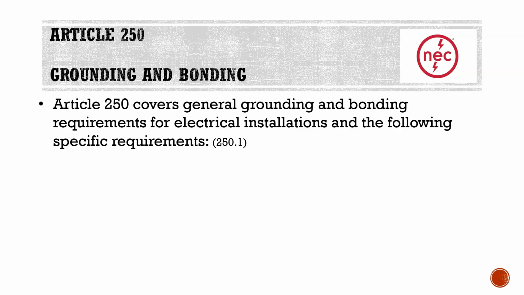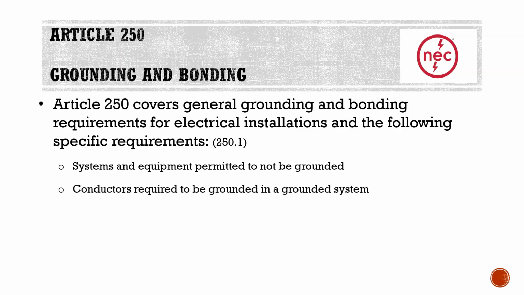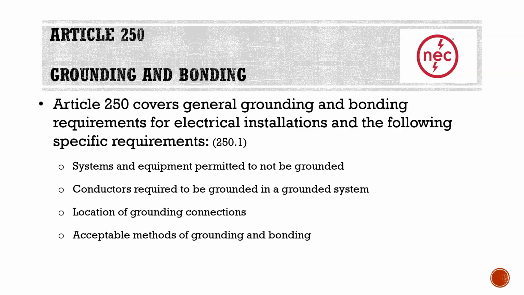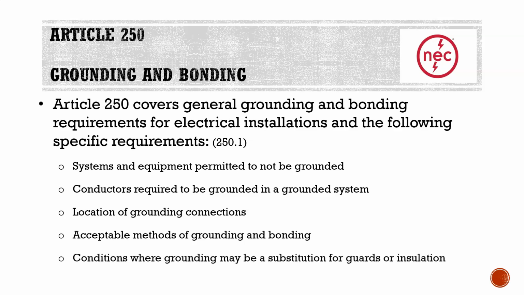So in other words, we have general requirements for electrical installations, and Article 250 also includes a couple specific requirements, which are the following: systems and equipment permitted to not be grounded, conductors required to be grounded in a grounded system, location of grounding connections, and acceptable methods of grounding and bonding, as well as conditions where grounding may be a substitution for guards or insulation. Most of those were pretty self-explanatory. So once again, we have our general requirements, and then we have this list of specific requirements that Article 250 also talks about.